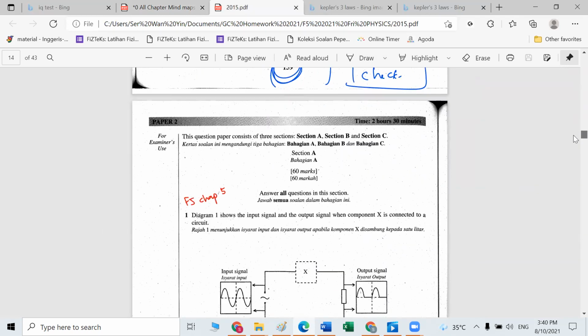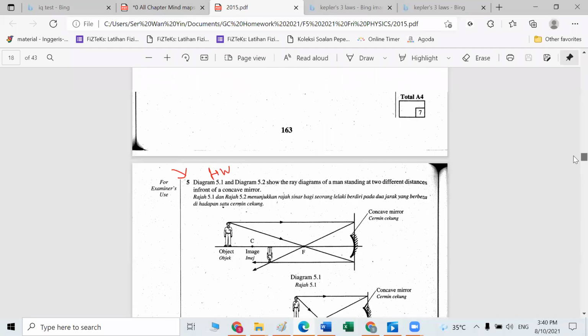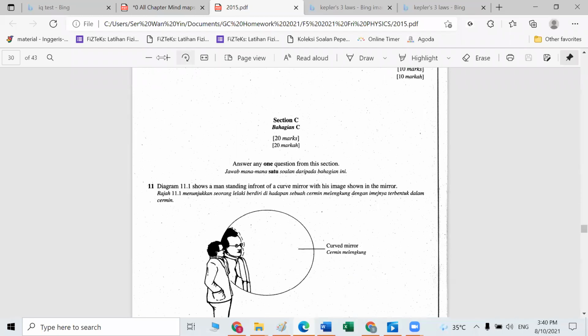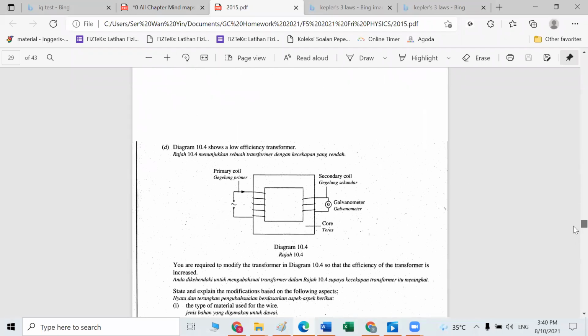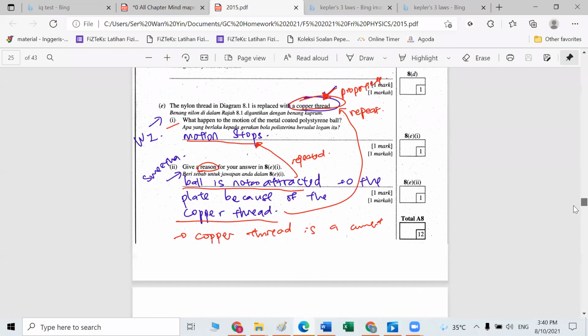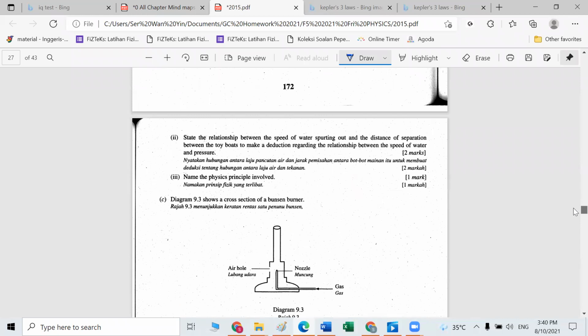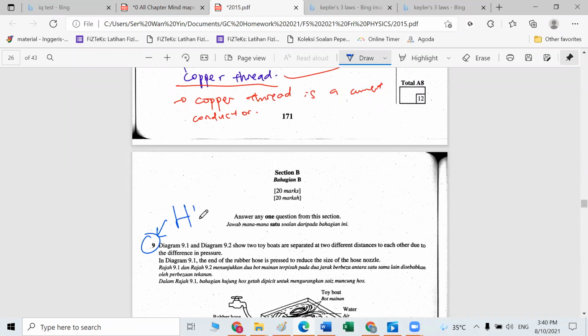And 2015. Okay, 2015, please do number 9 only. The homework today is number 9 only.